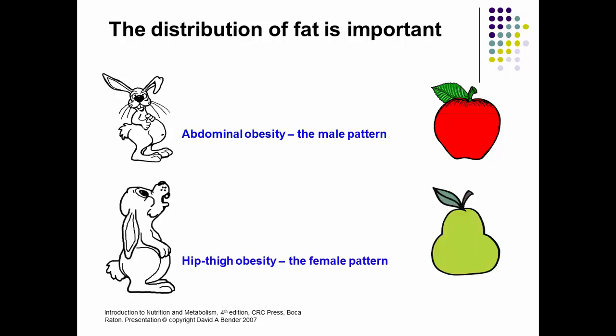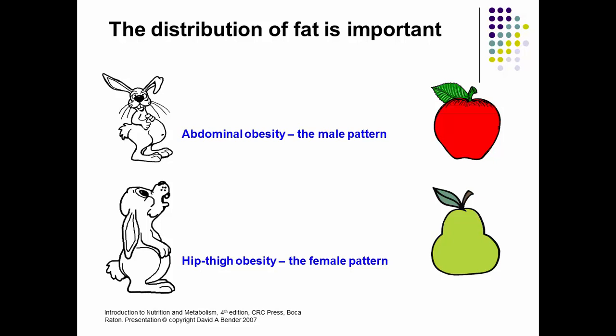For example, abdominal obesity, sometimes also called apple obesity, means that fat accumulates in the abdominal region. This type of obesity is most common in men and is more closely related to metabolic syndrome, right? So abdominal obesity seems to carry a higher risk for the development of metabolic syndrome.